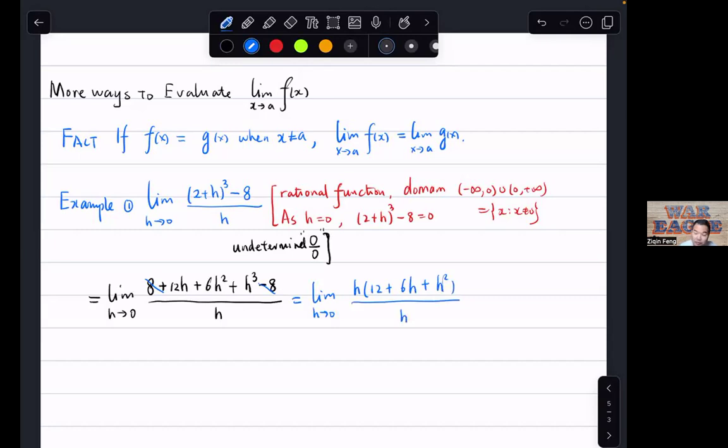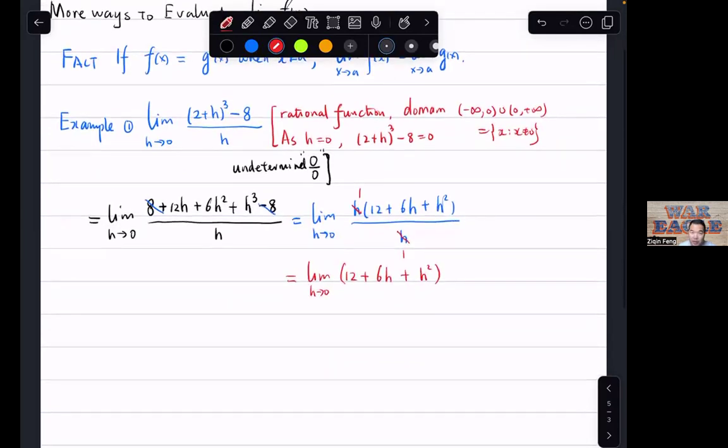Now you can cancel our 0 factor, which is h. In this new form, the new function is a polynomial, 12 plus 6h plus h squared. So we can apply our first way, directly substituting h by the limit point, which is 0.